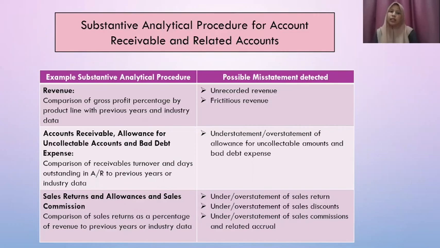And for sales return and allowances and sales commission, we can conduct a comparison of sales return as a percentage of revenue to previous years or industry data. From there, we can identify whether the sales return, sales discount, and sales commission have an understatement or overstatement.